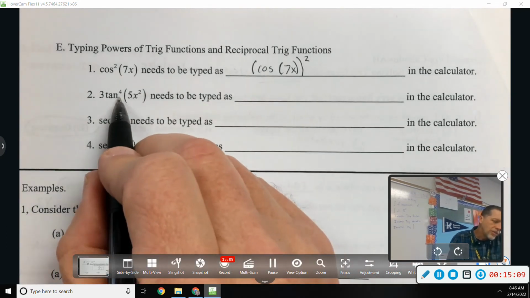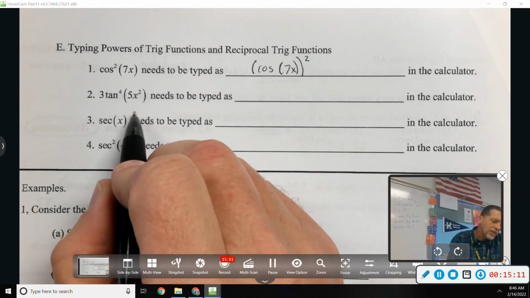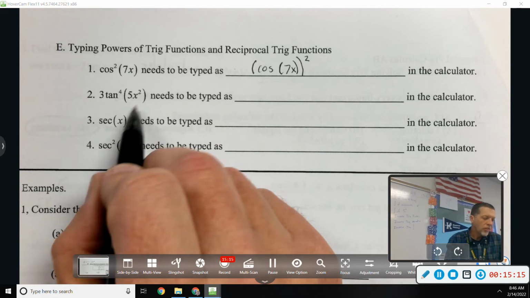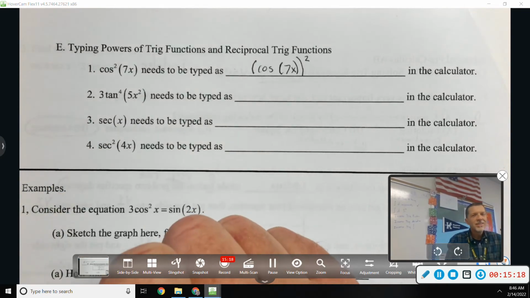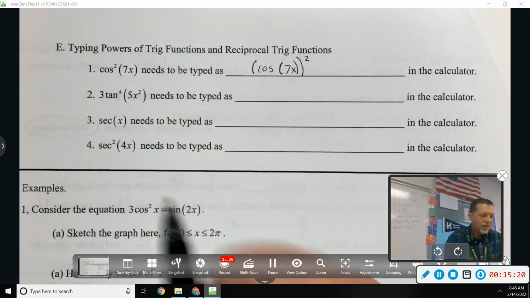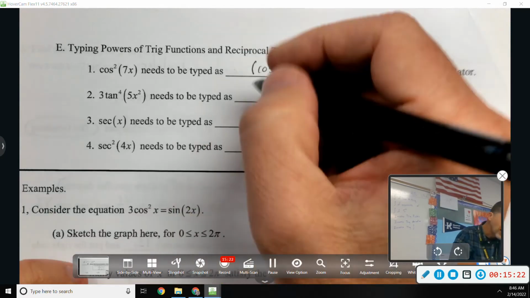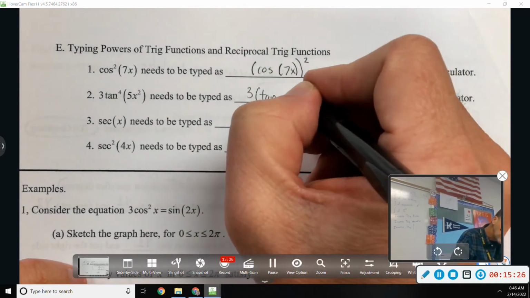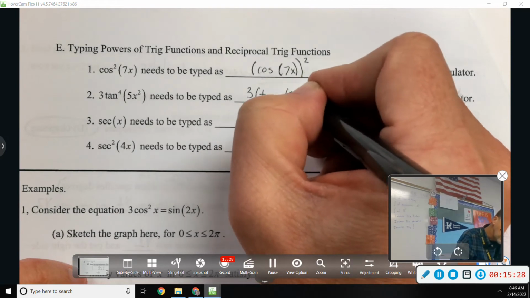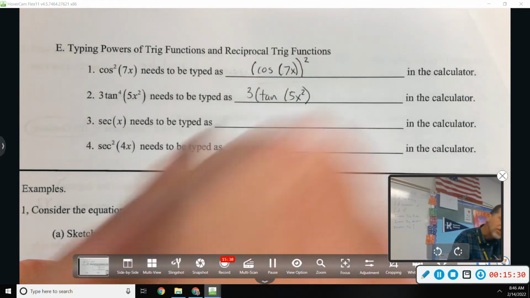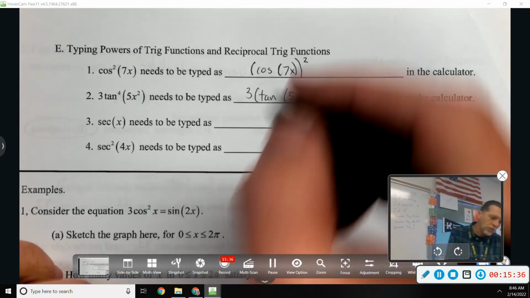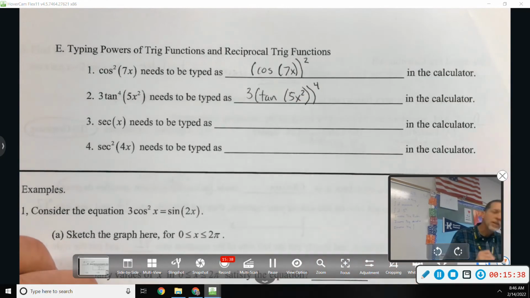3 tangent to the fourth of 5x squared. Okay, so what needs to get the 4 in this? What's being fourthed in this problem? The tangent. So I need to make sure the tangent of 5x squared gets the fourth. 3 tangent, open parentheses, 5x squared, close parentheses, again to make sure we're fourthing the tangent.